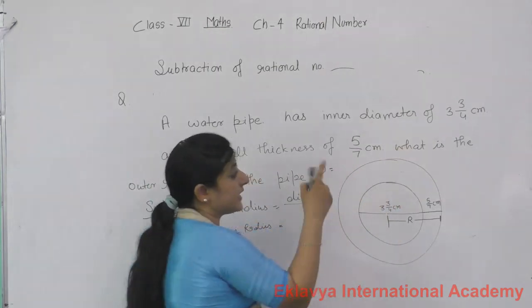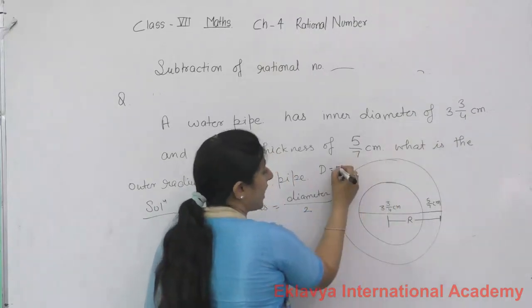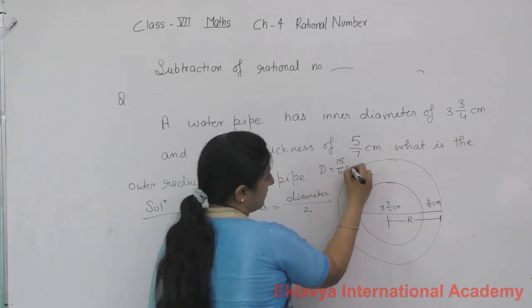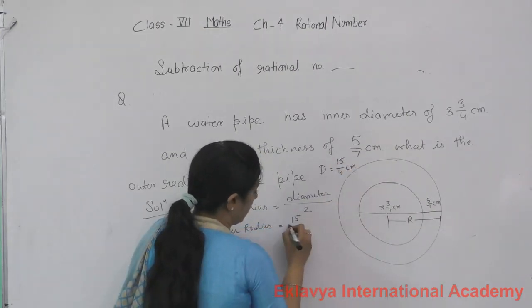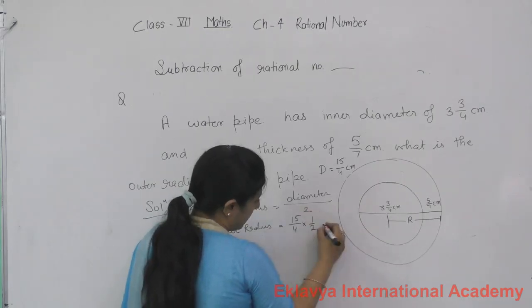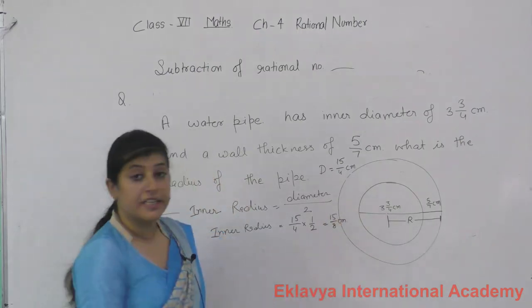Diameter is 3 by 4. Firstly change into a rational number. 4 3s are 12, and 3 makes 15. 15 by 4 into 1 by 2, that is 15 by 8 centimeter. This is our inner radius.